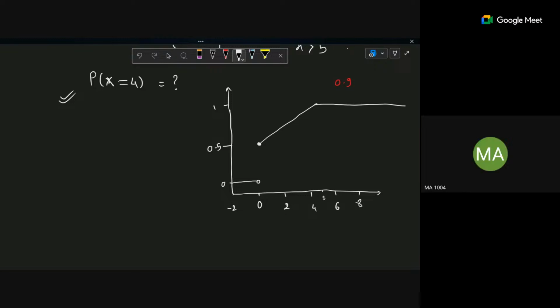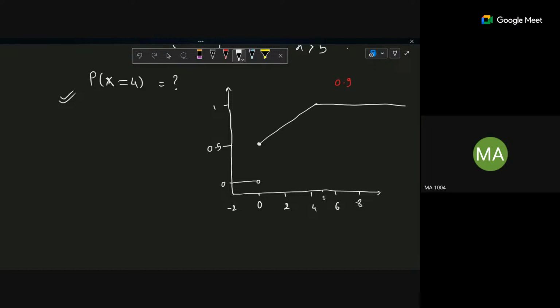But before 0, at that point it's not continuous. So this kind of graph is neither discrete nor continuous. They say it's a mixture, but leave the terminology.